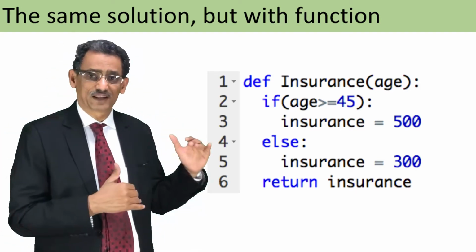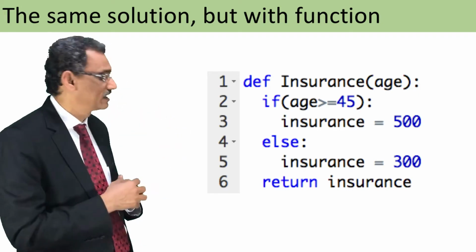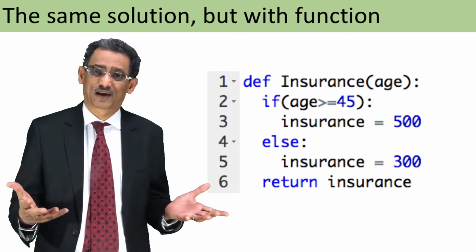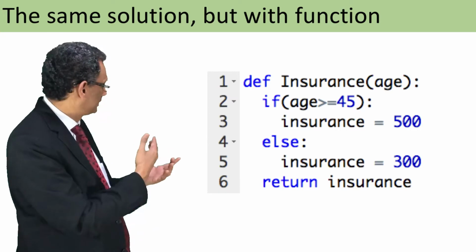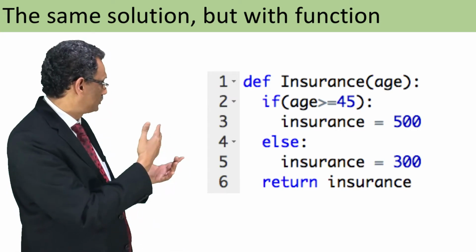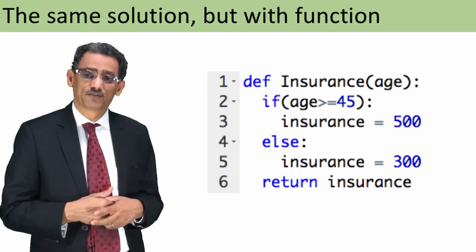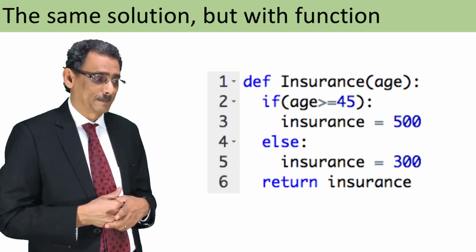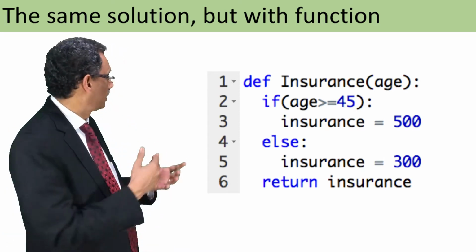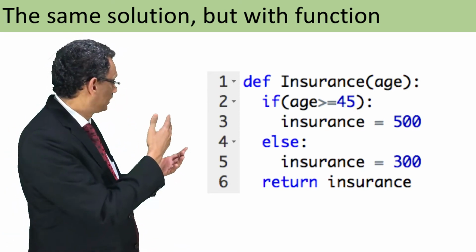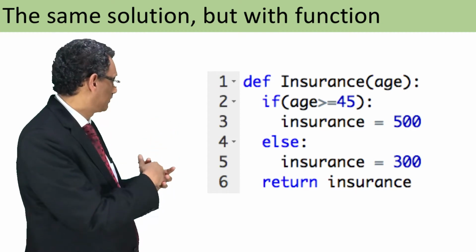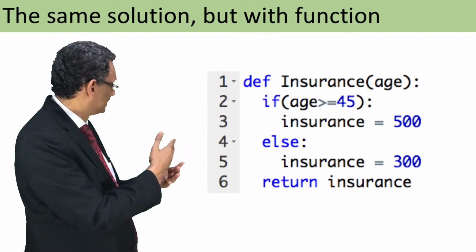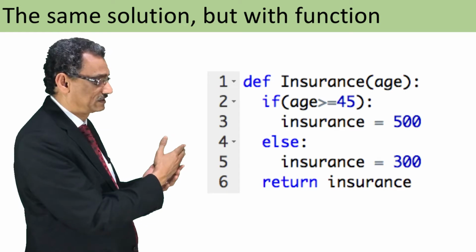Now the remaining part is the same as the previous one we have seen. So we check if age is more than or equal to 45, then the insurance will be 500, else the insurance will be 300.